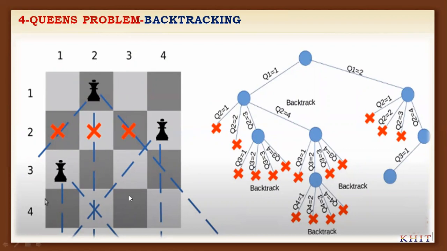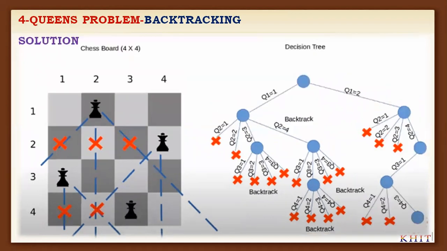So there is a safe spot. If I place the fourth queen here, no other queen is attacking, satisfying the constraints that no two queens can be placed on the same row, same column, and same diagonal. So this is the fourth queen I can place.